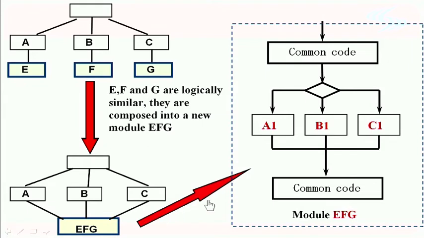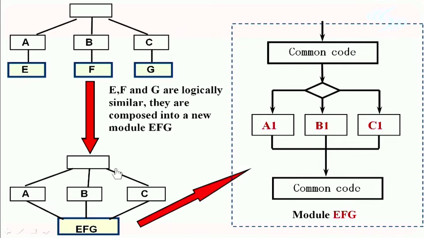Inside EFG, since E, F, and G are quite similar to each other, surely they have some common code, but they also have something different.